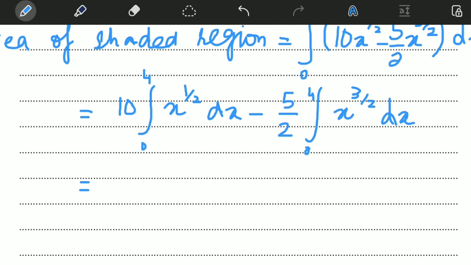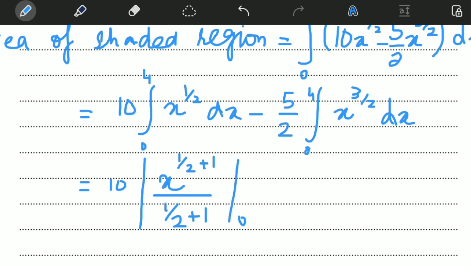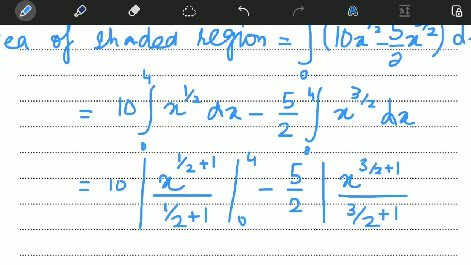So we know that the integration of x to the power of n will be x to the power n plus 1 over n plus 1. Here this is going to be 1 by 2 plus 1 and 1 by 2 plus 1, between the limits 0 to 4, minus 5 by 2 and x to the power of 3 by 2 plus 1 over 3 by 2 plus 1.